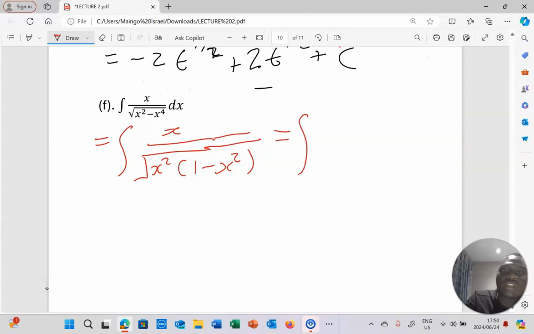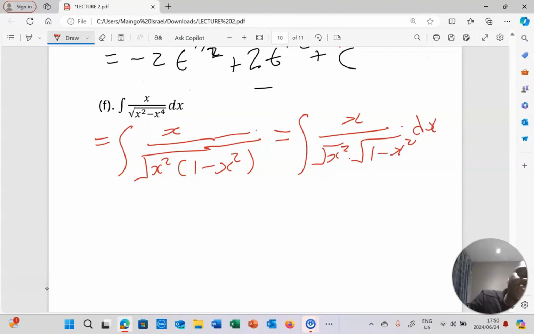In mathematics, the square root of a times b can be written as the square root of a times the square root of b. So this will be the integral of x over the square root of x squared times the square root of 1 minus x squared, dx.